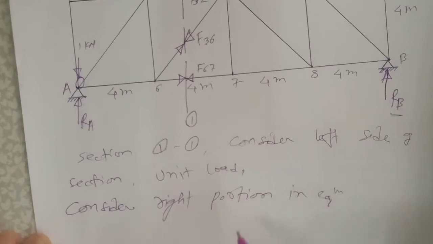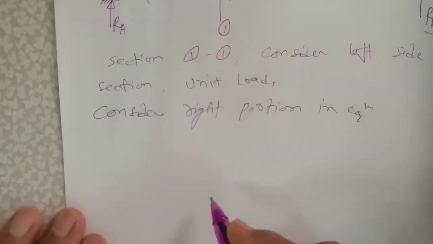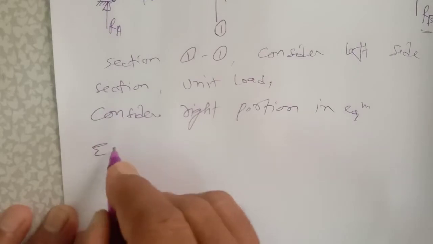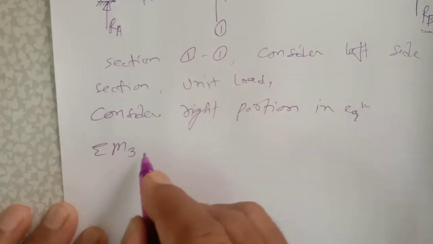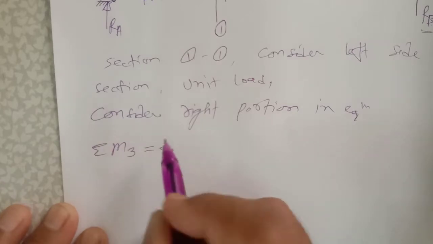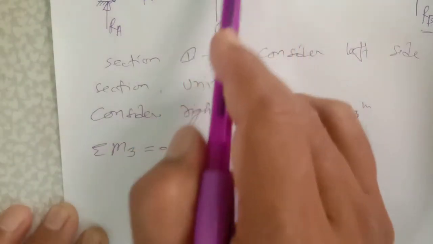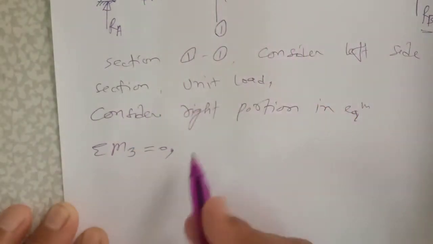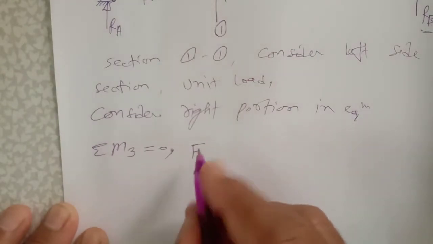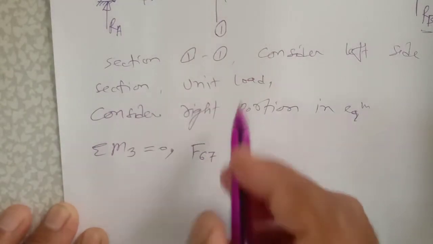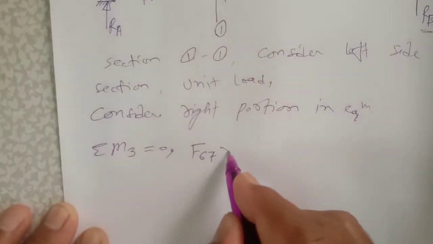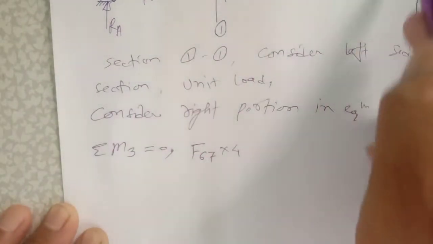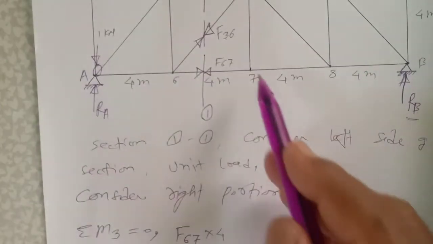So apply the equilibrium equation. Summation of moment at joint 3 is equal to 0. So the moment of this force is 0, the moment of this force is 0, and the moment of the force in member 6 7 is multiplied by 4 meter, because the height is 4 meter.